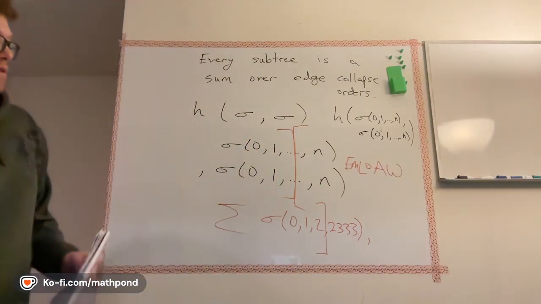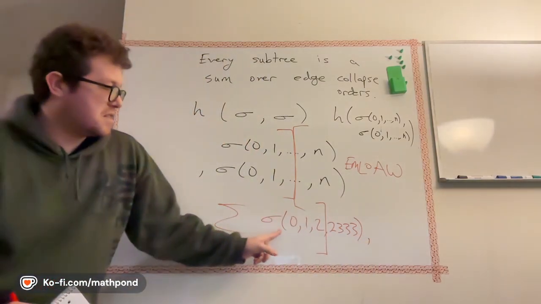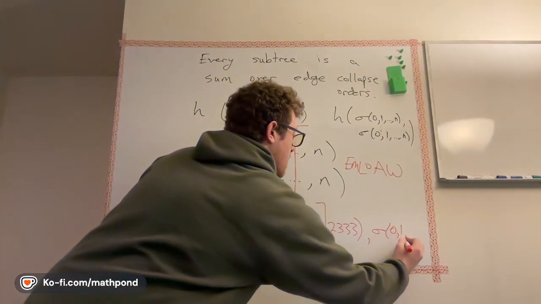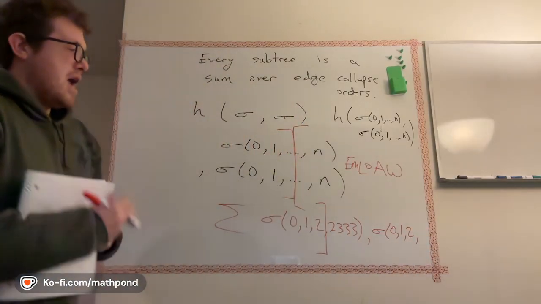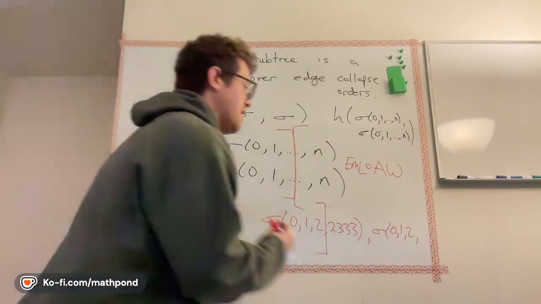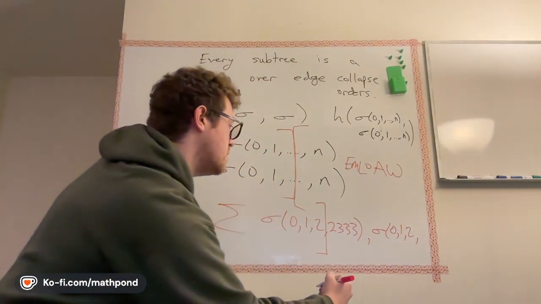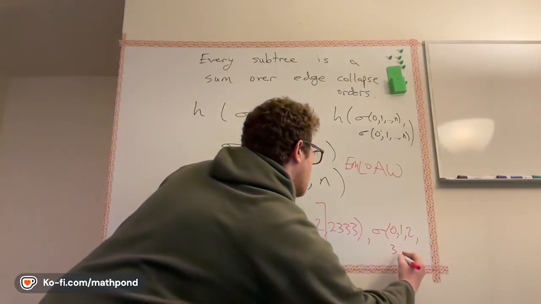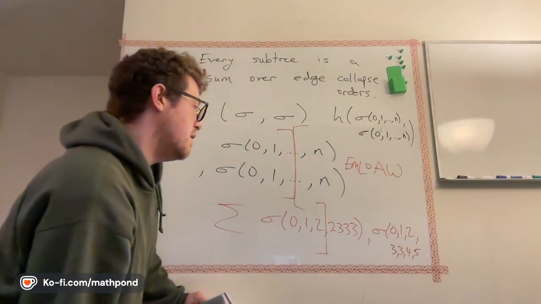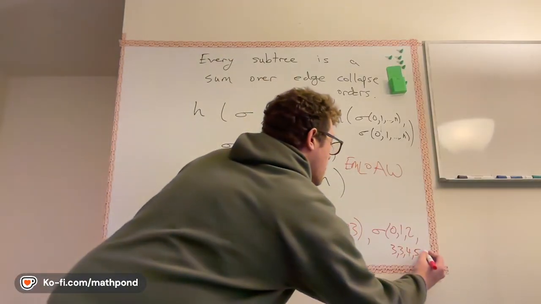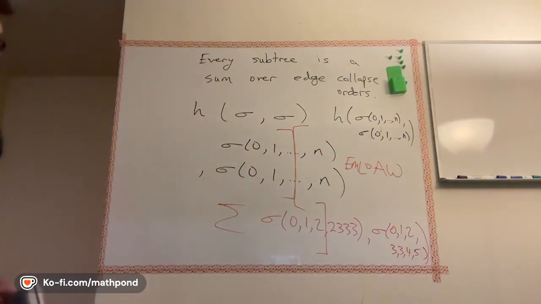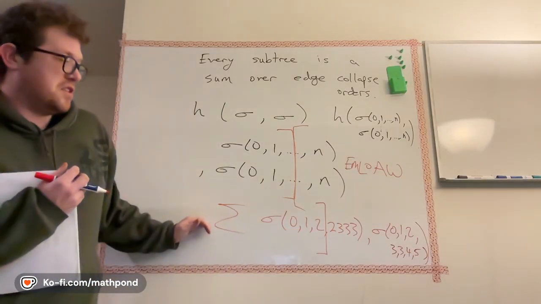Now the other part of the Cartesian product: sigma 0, 1, 2 is going to be the same, so that's where we applied the identity map. And then maybe here we had 2, 3 on the left side, and maybe we had 3, 4, 5 on the other side. So 3, 3, 4, 5. Sorry, it's a little bit messy, but this would be one of the terms in the sum.